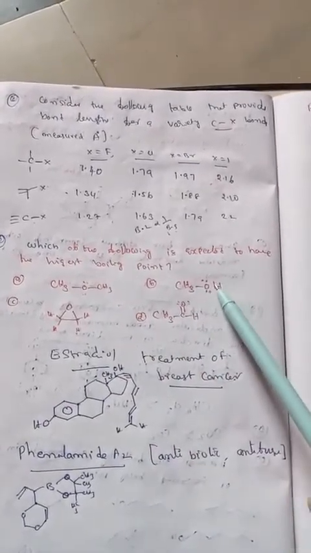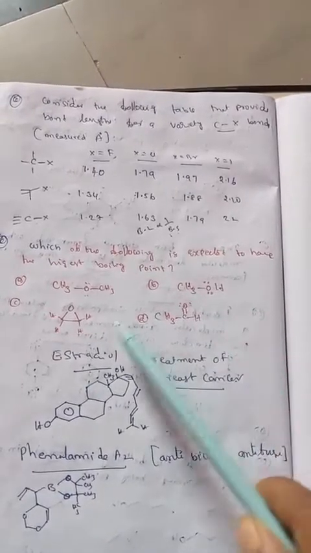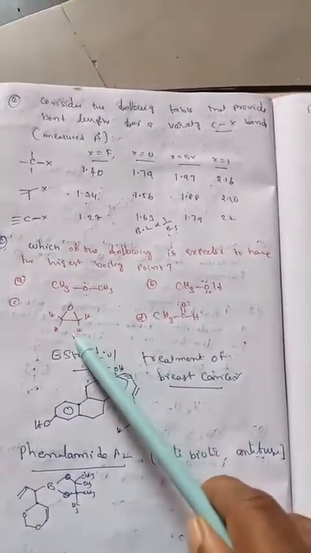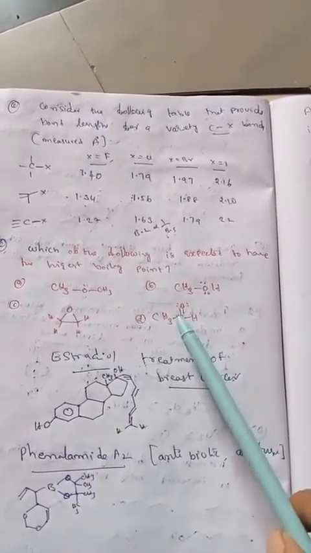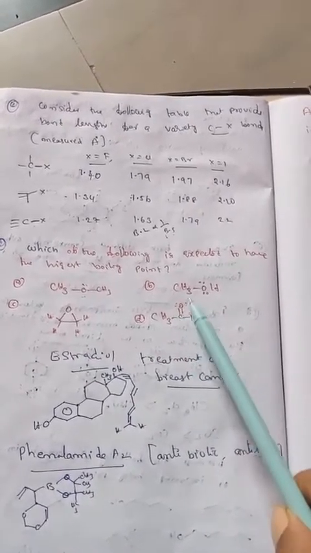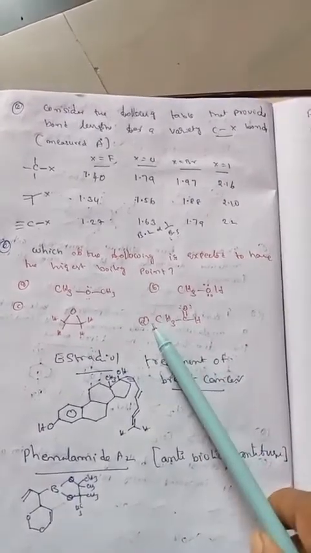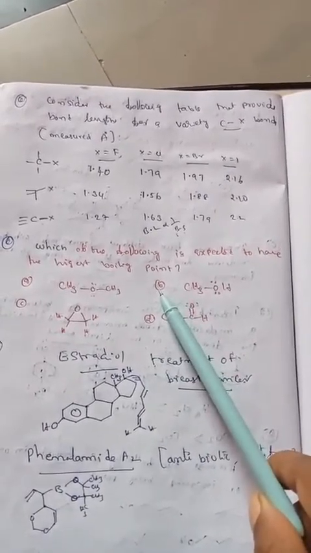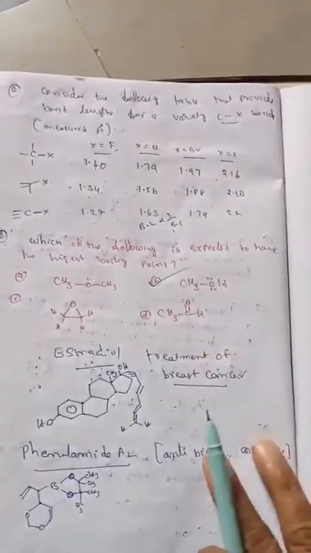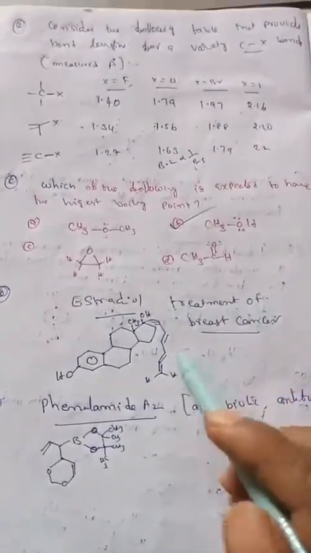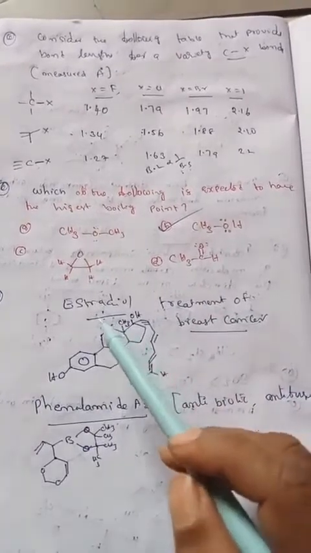Methyl alcohol has hydrogen bonding. And epoxide, and acetaldehyde, but among these four options, methyl alcohol is the correct answer. So the answer is methyl alcohol.